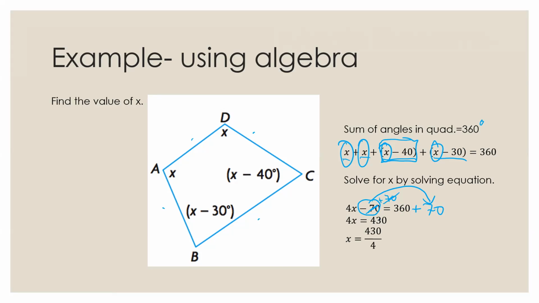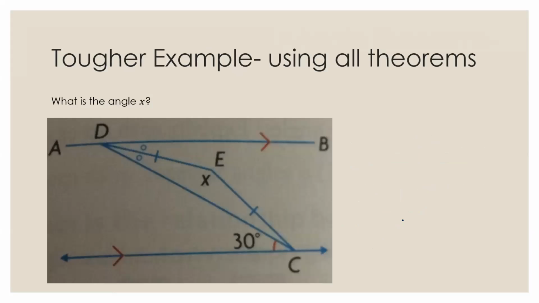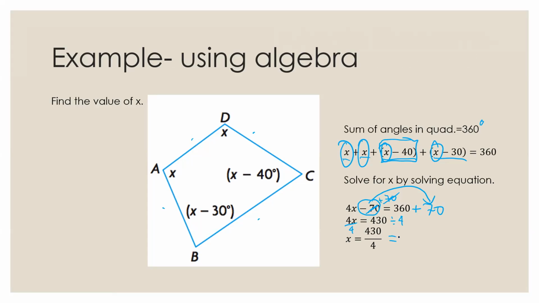And of course, to get the x by itself, I simply take 4x and divide by 4, and I divide 430 by 4. And I did not actually solve that for you, and I wonder if I just got a little lazy there near the end. So 430 divided by 4 ends up giving me 107.5 degrees, and that is the value of x.